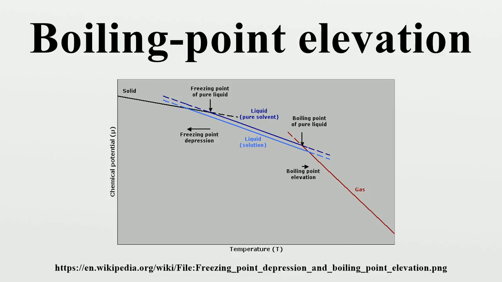However, since superheating is difficult to avoid, precise ΔTb measurements are difficult to carry out, which was partly overcome by the invention of the Beckmann thermometer. Furthermore, the cryoscopic constant that determines freezing point depression is larger than the ebullioscopic constant, and since the freezing point is often easier to measure with precision, it is more common to use cryoscopy.